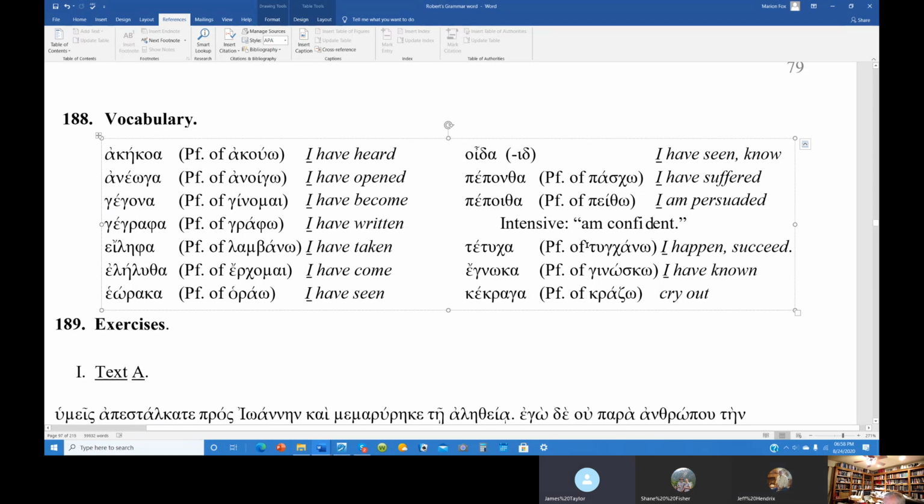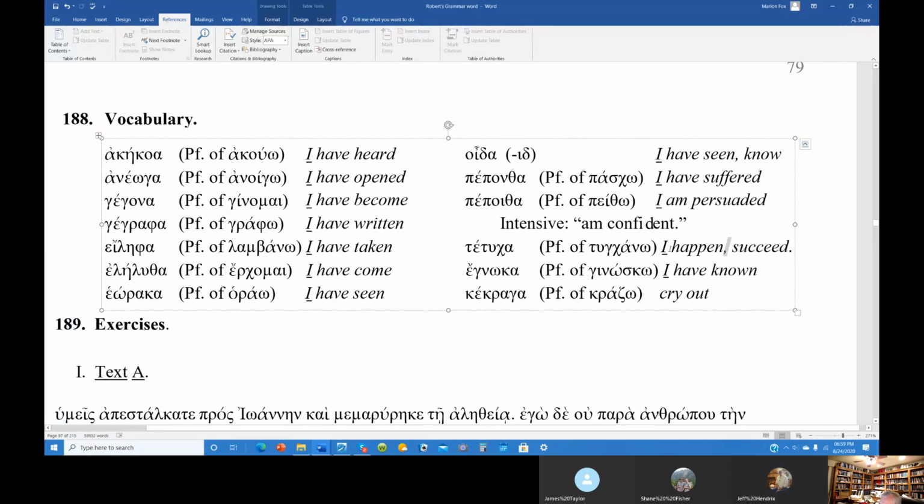The I happen, you happen, he happens. What's the idea for happen in those cases? Well, it's not common English. Succeed is the idea. We could look it up in the lexicons and see how they render it. These are glosses.